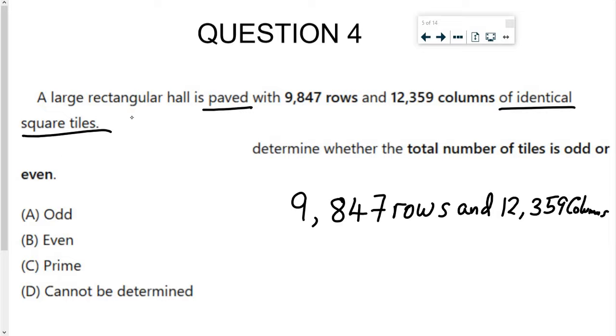So we have a large rectangular hall paved with 9,847 rows and 12,359 columns of identical square tiles. The question is, determine whether the total number of tiles is odd or even.